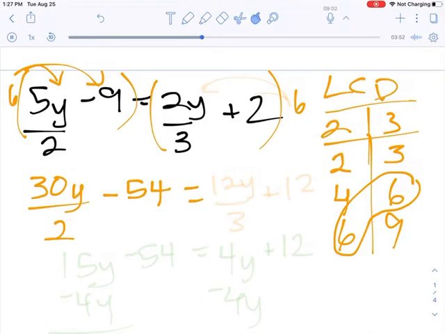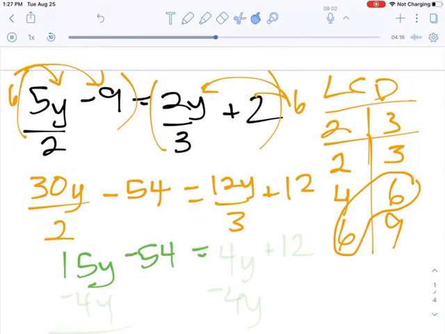And then we've got 6 times 2/3 y, which is going to give me 12y over 3, and then 6 times 2, which is going to give me 12, plus 12 here. We'll switch colors. Let's just clean things up. 30 halves is 15, so I got 15y minus 54 equals 12 thirds is 4, so I have 4y plus 12.